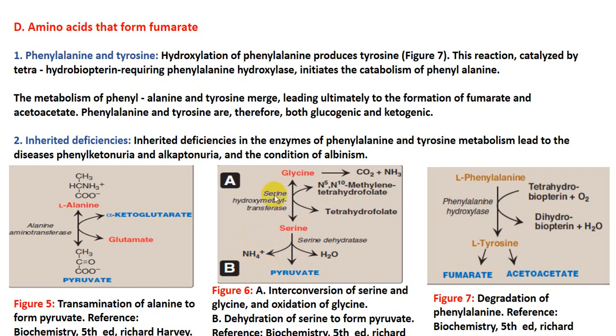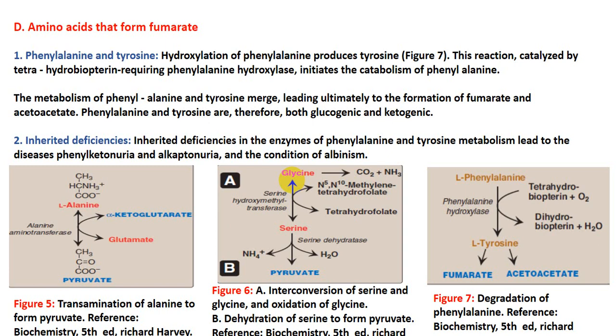Or glycine can be oxidized to form CO2 and ammonia. Or glycine can be converted to glyoxylate, which is oxidized to oxalate, or transaminated back to glycine in the presence of a transaminase enzyme.